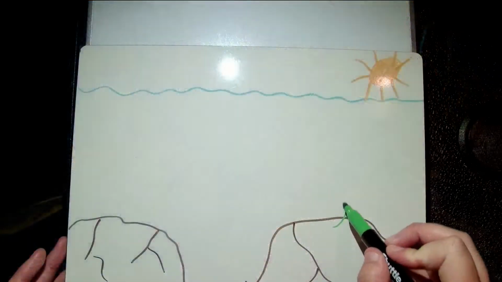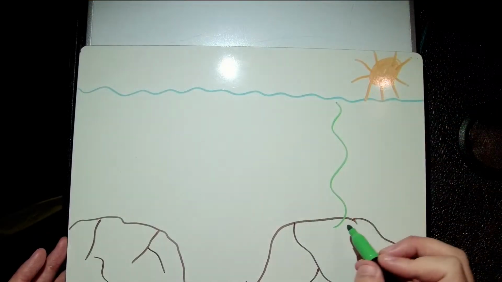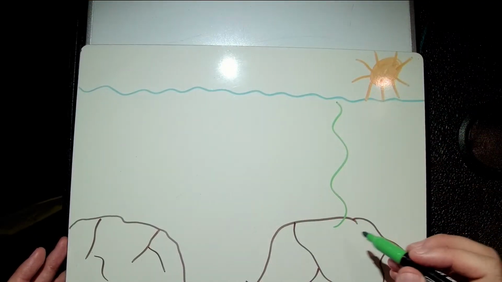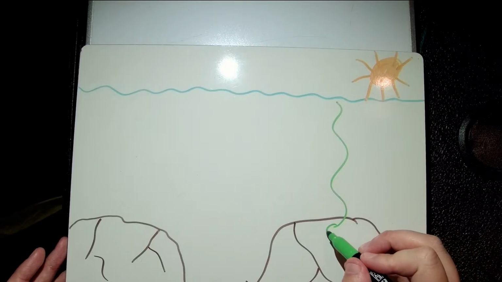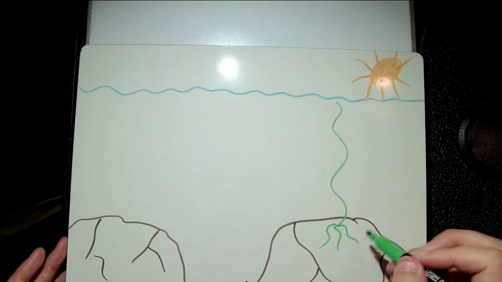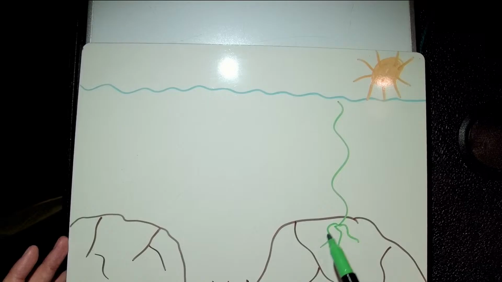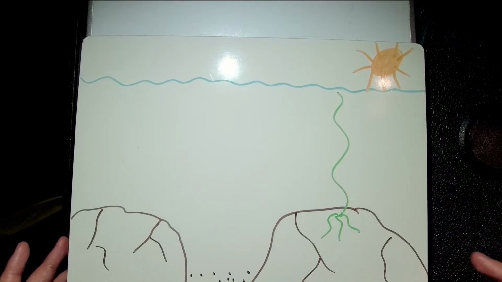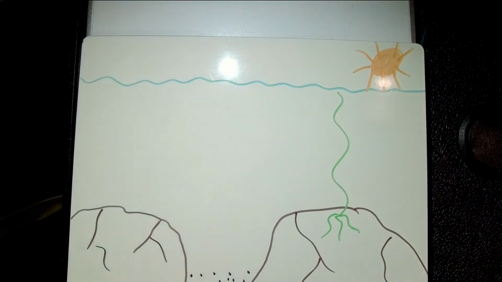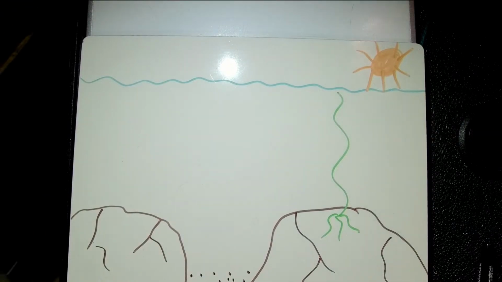Okay, so now we're going to draw our kelp, and it is growing up, up, up towards the surface of the water, closer and closer to the sun. Now this right here that I'm drawing is called the holdfast. It's very similar to roots. Plants on land have roots that go deep into the earth, which helps anchor them.